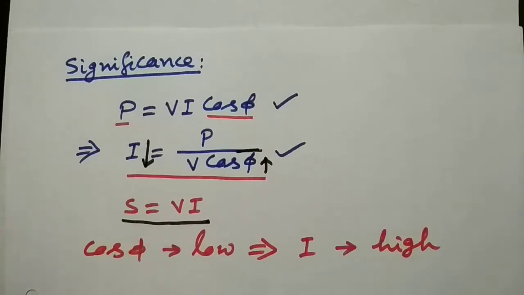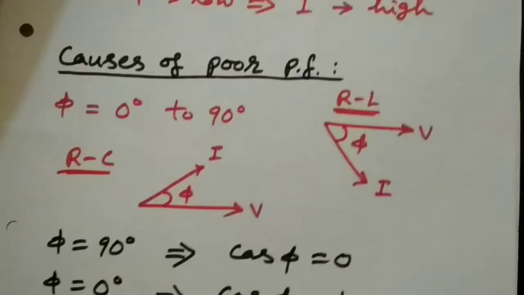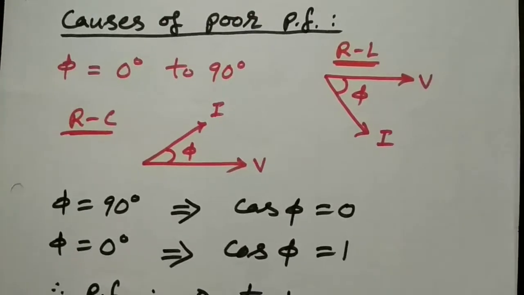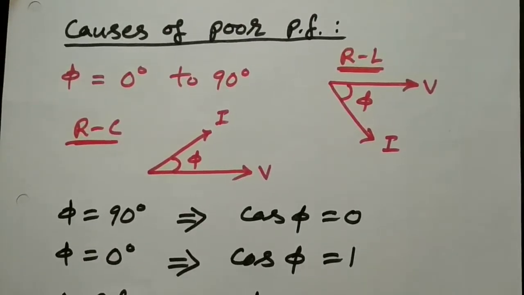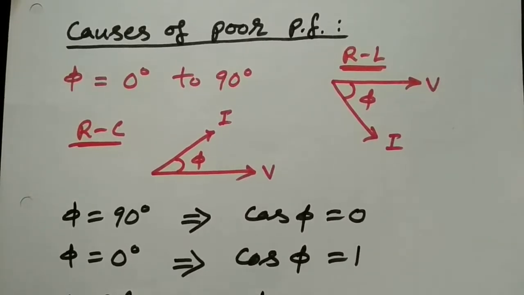Therefore, the power factor should be as high as possible, and the best condition is a power factor of 1. But there are some reasons for which the power factor becomes low. So let's see why the power factor becomes poor.